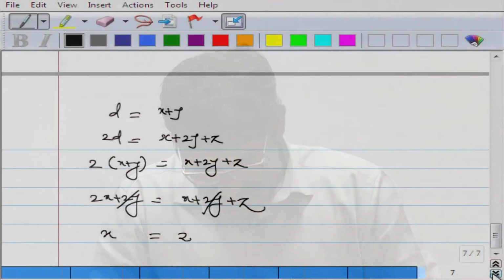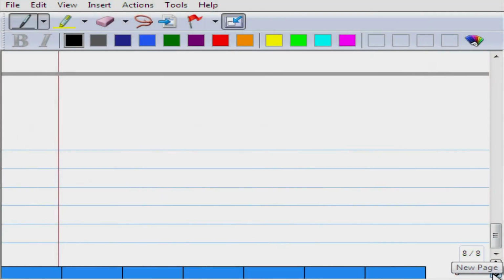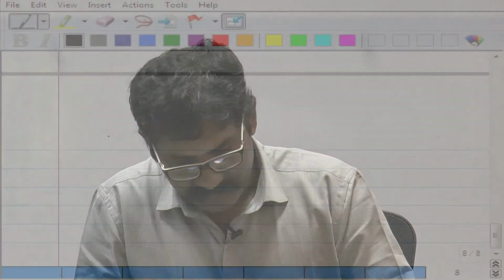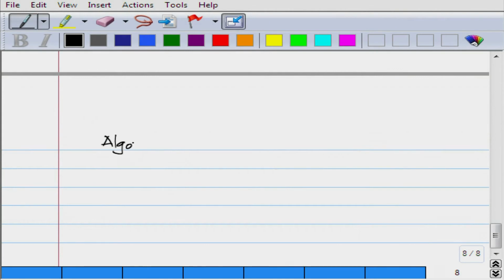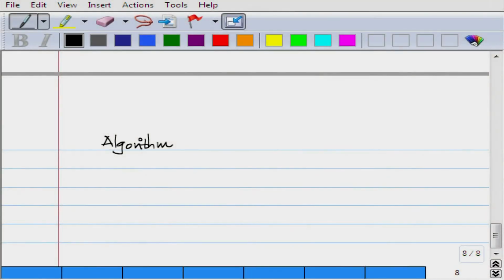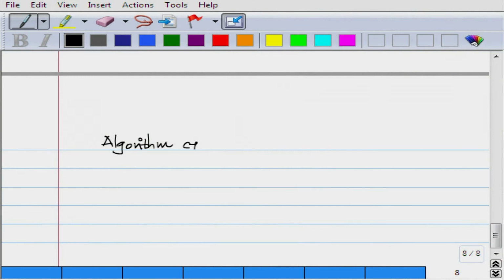Okay. Now, based upon this, we will try to write some algorithm. First of all, the algorithm for finding a cycle, or checking whether there is a cycle or not. Okay. So, I will write the algorithm name as cycle, to which I am going to pass a circular linked list, am I right?